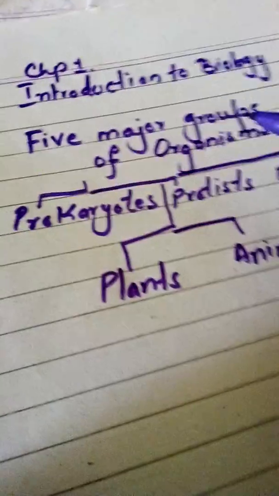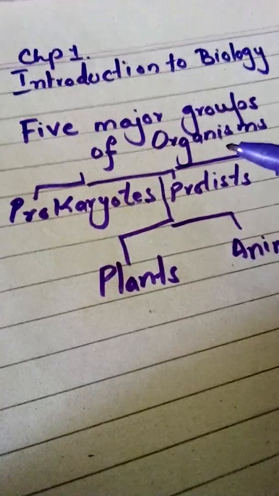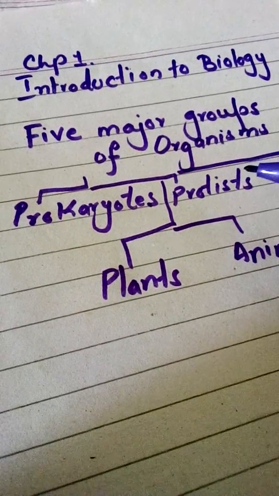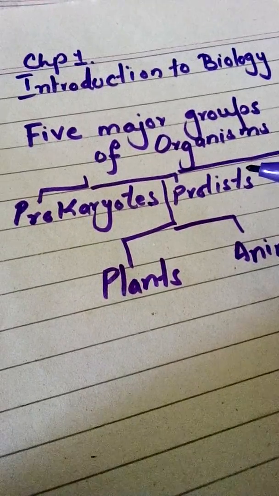Okay, so these are the five major groups of organisms: prokaryotes, protists, fungi, plants, and animals.